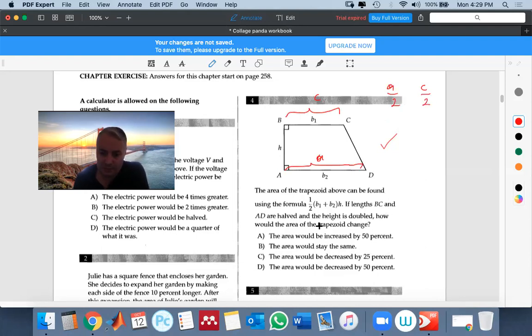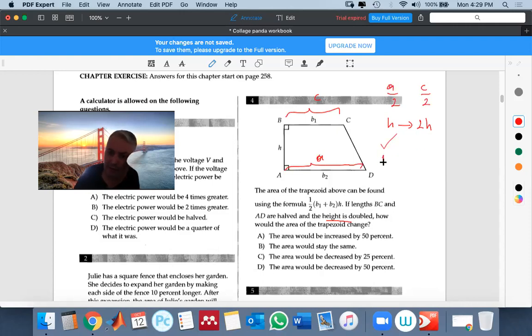And then the height is doubled. Height is H, so let's make it 2H. How would the area of the trapezoid change? Let's see.